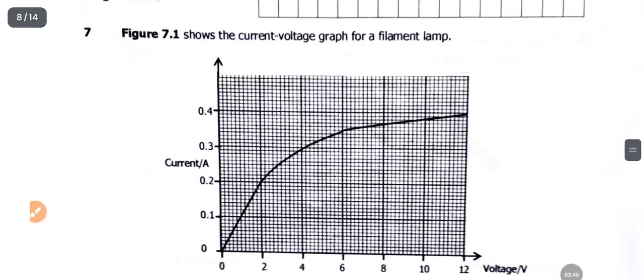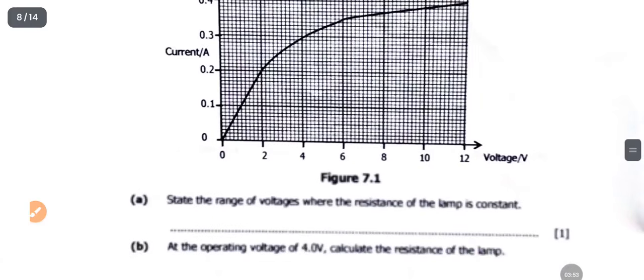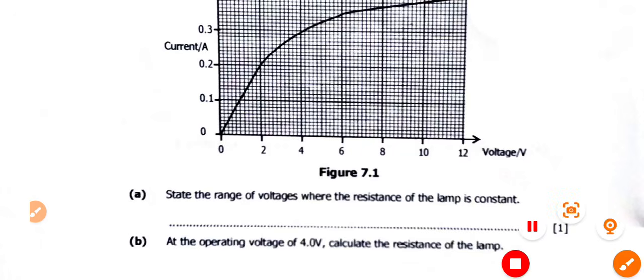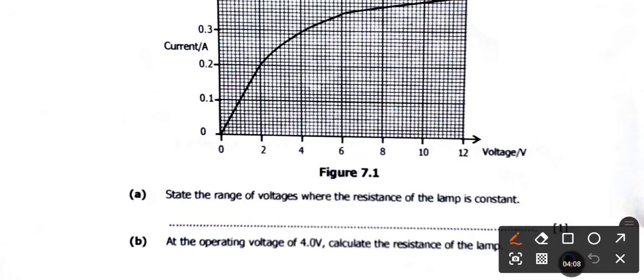Question 7. Figure 7.1 shows the current to voltage graph for a filament lamp. The first question says, state the range of voltages where the resistance of the lamp is constant. The resistance of the lamp is constant before the curve starts to bend.